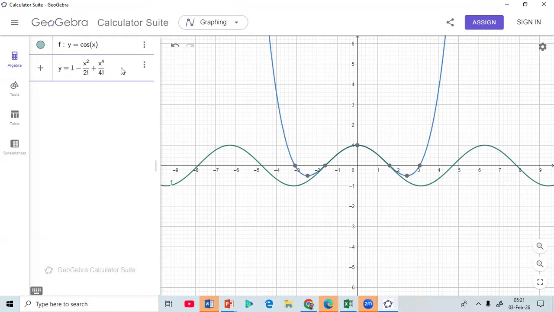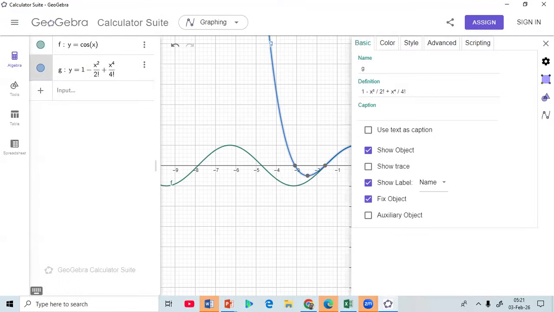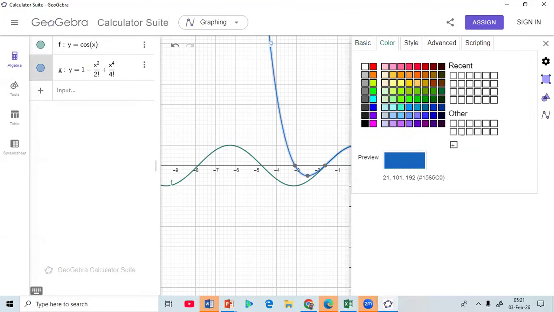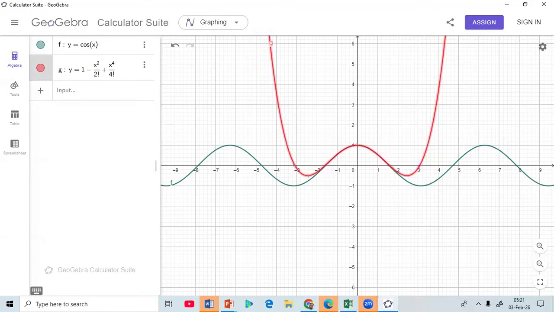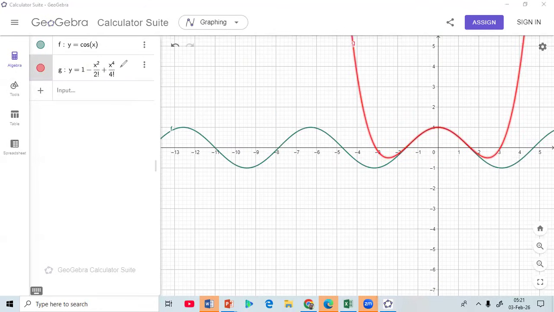Now, what are you noticing? Remember, this one is continuous. But when you look at these graphs, Bettina and everyone, let me change the color so that the graph can come out very well. Now, the red graph is the curve we are obtaining, the curve we are expanding.